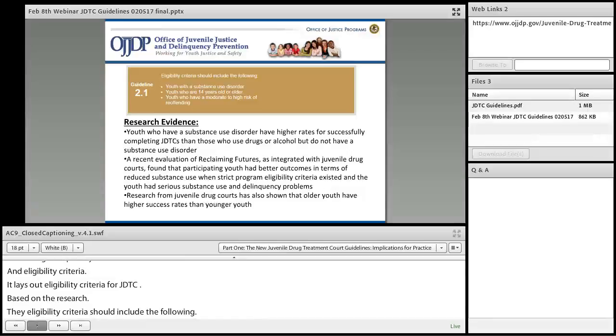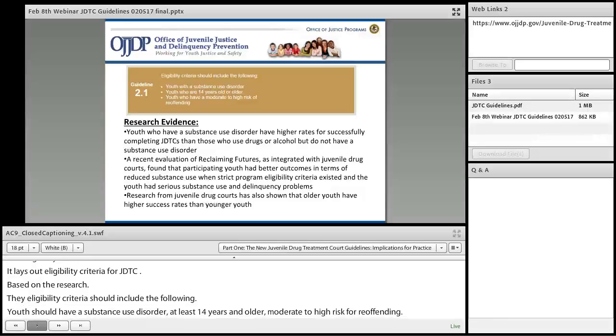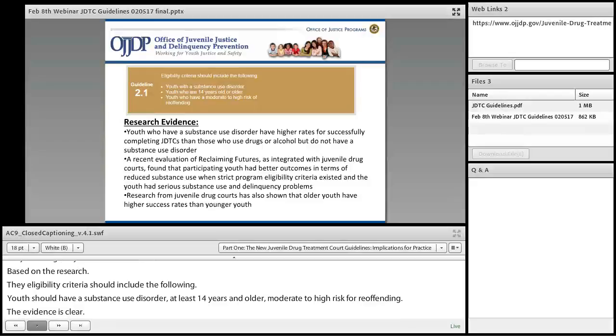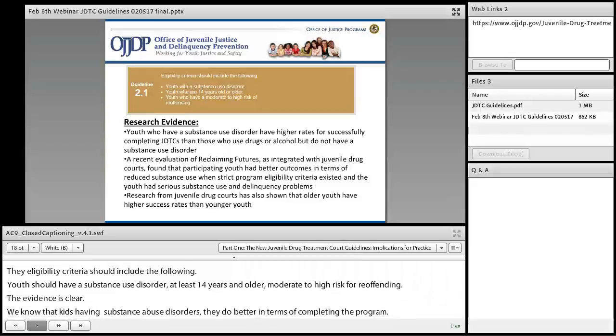The evidence was really clear here. We know that when kids have substance use disorders, they do better in terms of completing the drug treatment court programs. They benefit from the treatment that's provided, compared to kids who are using drugs and alcohol but don't have a substance use disorder.